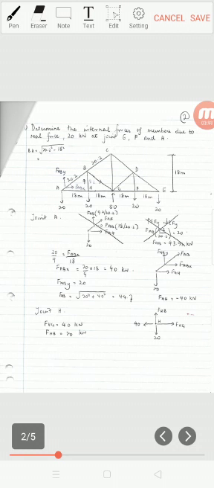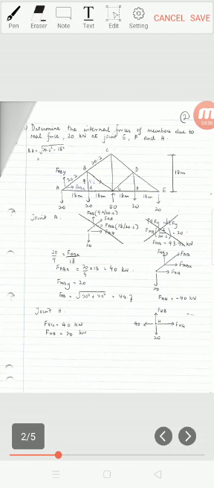Then we determine the height and the distance from each point.